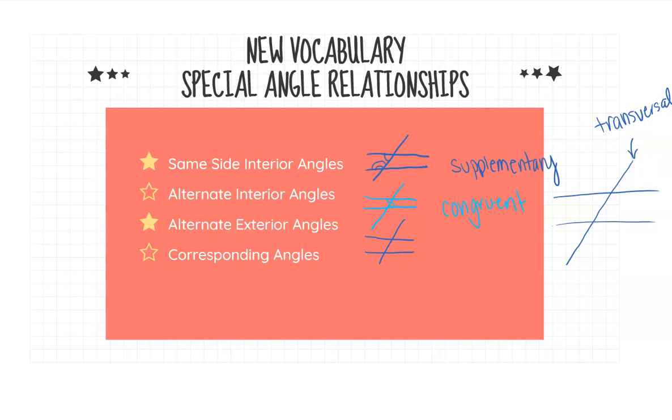So for example, this angle is on the outside of our parallel lines, and this angle is on the outside of our parallel lines. So those two angles are alternate, which means they are on opposite sides of the transversal, and they are both exterior angles. Alternate exterior angles are also going to be congruent.